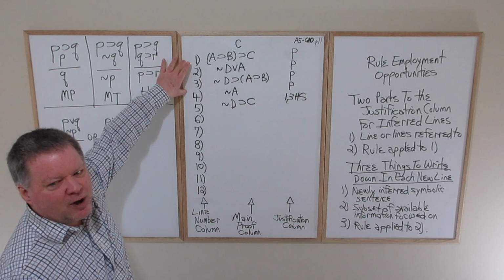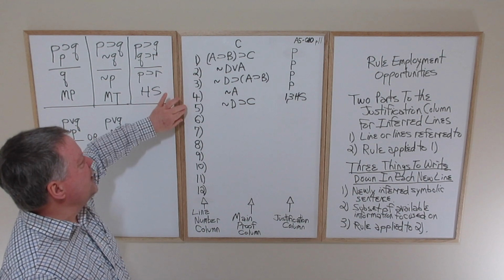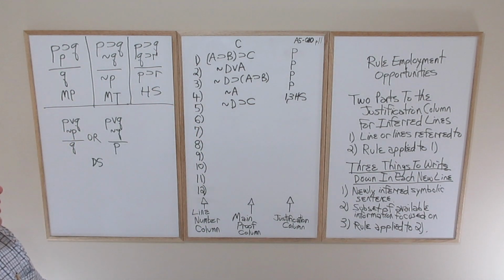Instead of having 4 lines of available information, we now have 5 lines of available information. So we have to look for a rule employment opportunity.